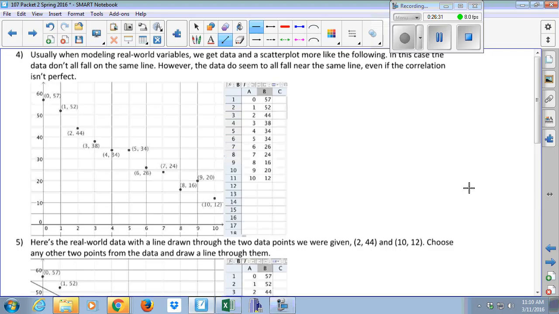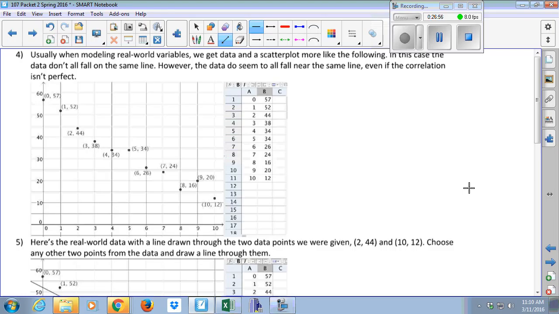When we model real world data, we usually get a graph that looks like this versus one where there's perfect correlation. There's variation in your measurements. People don't always act exactly like you think they would. It's human nature not to have things line up in a perfect straight line.